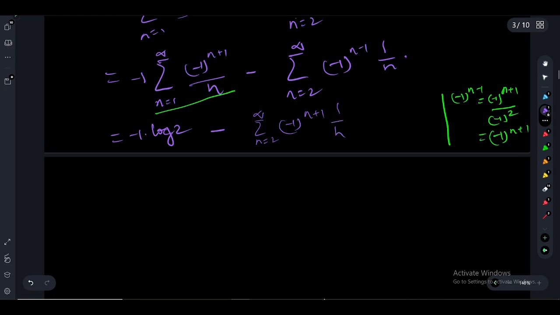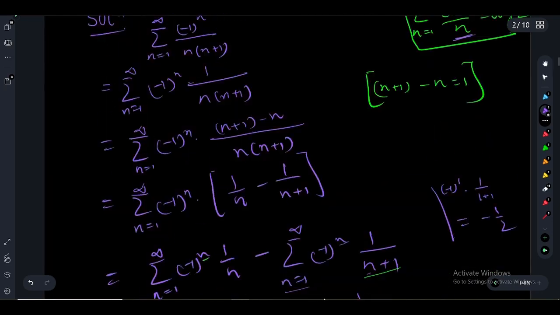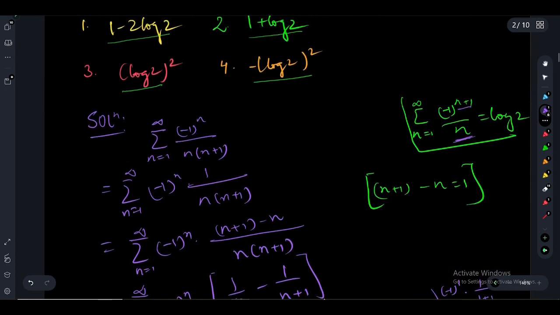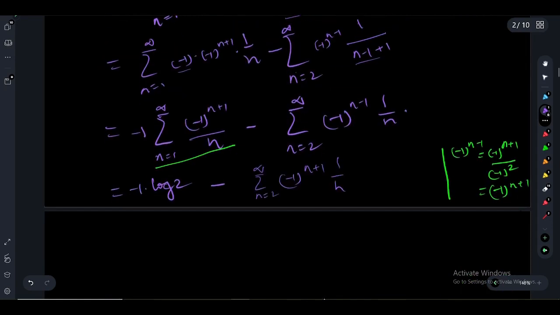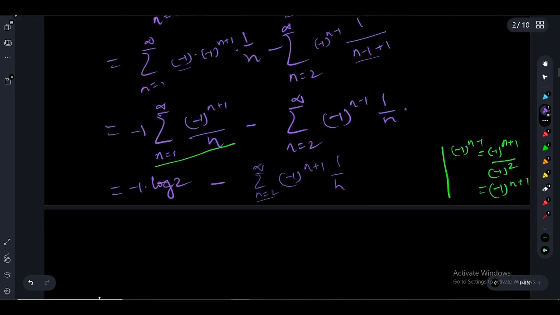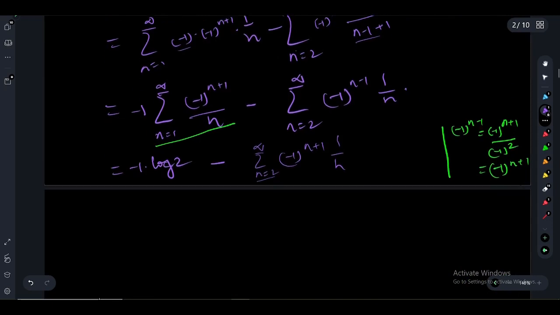And this is 1 by n. Now we can see that the expression inside the summation is the same, but here the expression starts from n equals 1, and in this case it starts from n equals 2. So we have to change this summation to start from n equals 1.